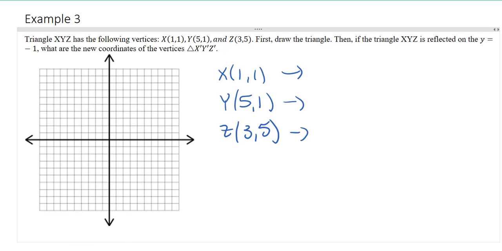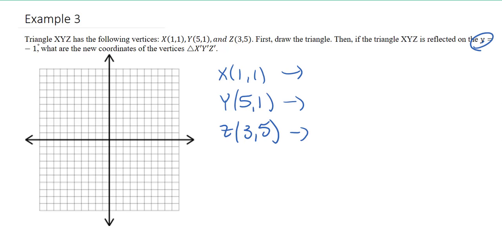So if y equals negative 1, where's negative 1 on the y? Well, it's right here, this line. It's kind of like the x-axis, but we're just going to go down 1.